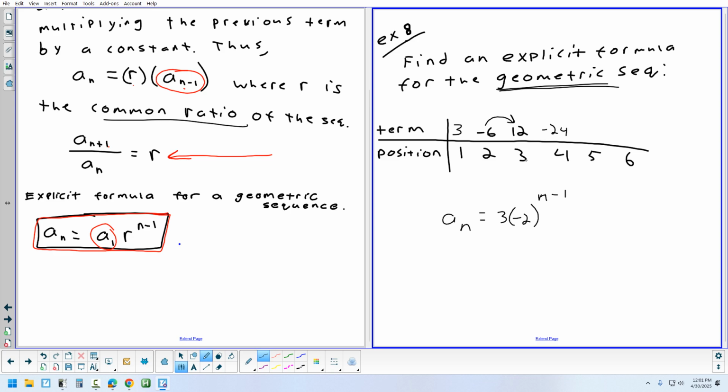And if we do, we did it right. What's 3 minus 1? 2. What's negative 2 to the second power? 4. And what's 4 times 3? 12. Perfect. So that formula will predict the terms in that sequence. So that's called a geometric sequence. Any question on that?